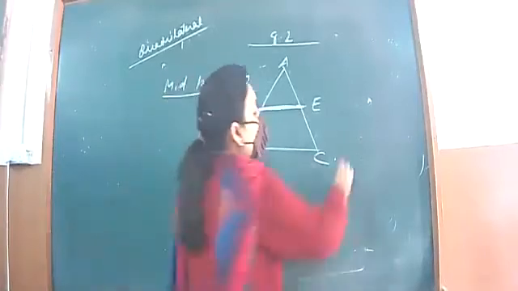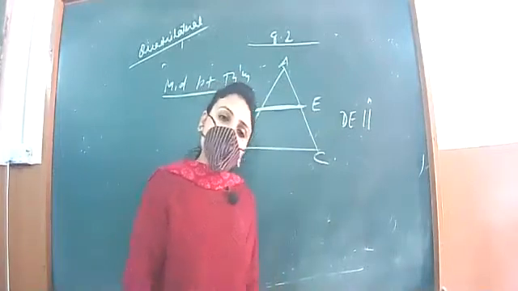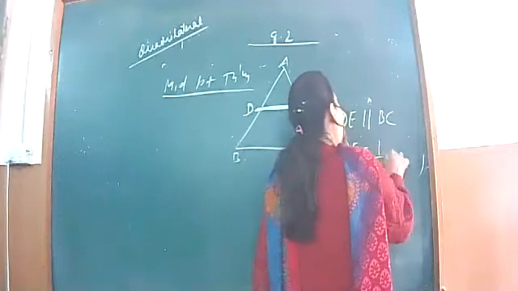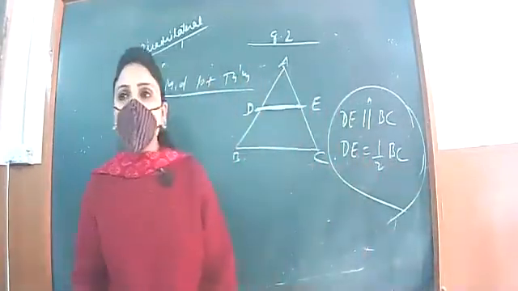DE. This is parallel to the third side. Which is the third side? BC. And this is equal to half of its length. This is called midpoint theorem.